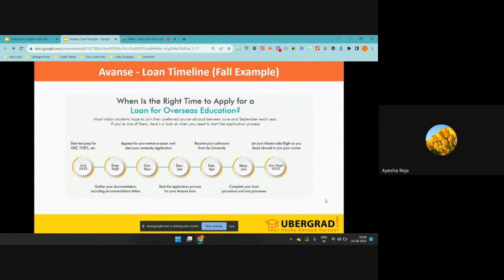I'm suggesting that those who are willing to go to the USA nowadays should process their application a little early, because this intake, most of the students are going for the January intake. If anyone is going for the intake, has already written the GRE, and is not getting the I-20 yet, they can apply for the loan.